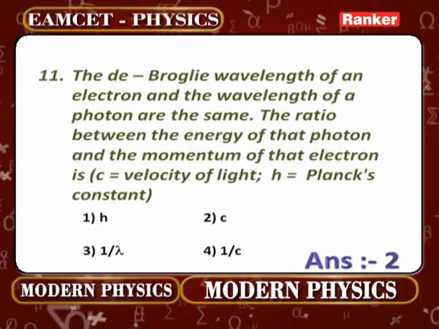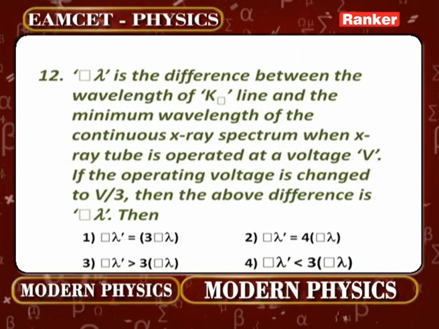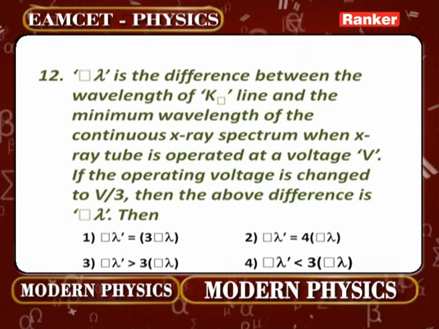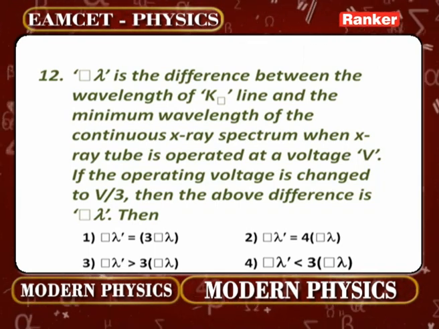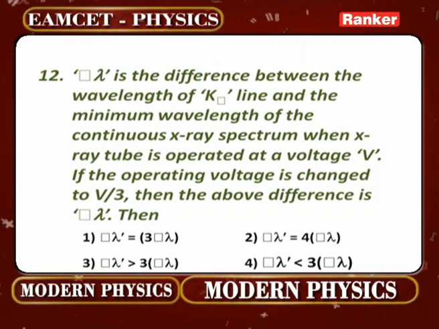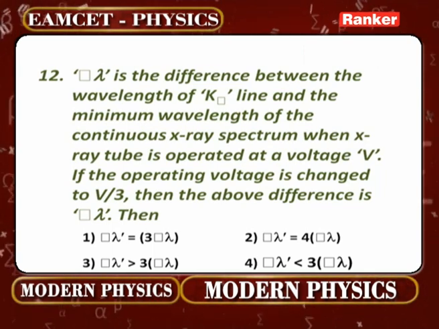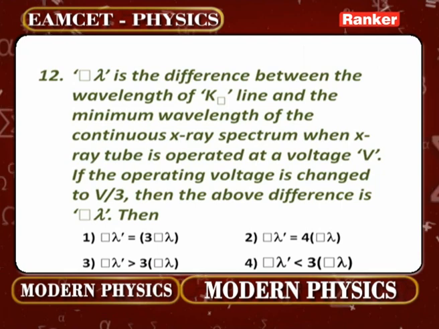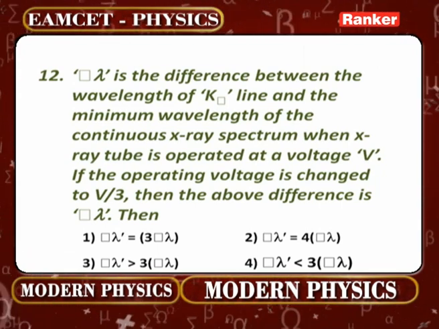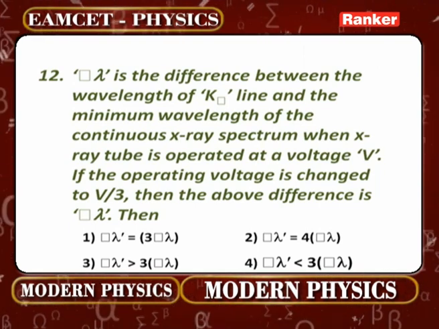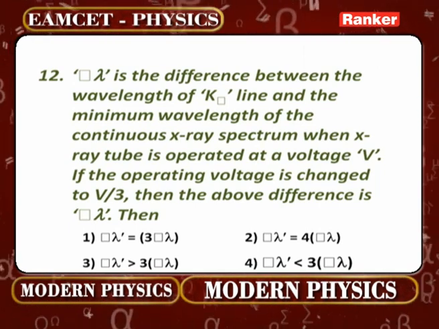Look at the next problem, problem number 12. Delta lambda is the difference between the wavelength of the K alpha line and the minimum wavelength of the continuous X-ray spectrum when the X-ray tube is operated at a voltage V. If the operating voltage is changed to V by 3, then the above difference is delta lambda dash. What is the relation between these two?